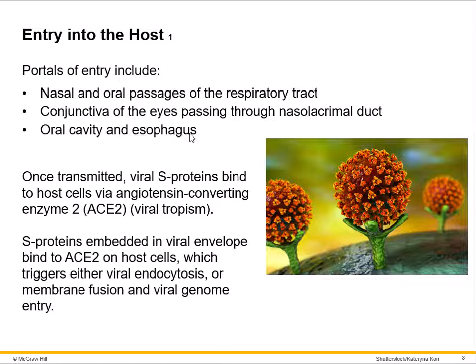Once this virus enters the body, it will enter the host cell by binding to a particular protein on the surface of the host cell, and that is the angiotensin converting enzyme 2, or ACE2. The spike protein of the virus will bind to ACE2, which is present in a variety of cells in the host, and that will trigger the entry of the virus inside the cell.